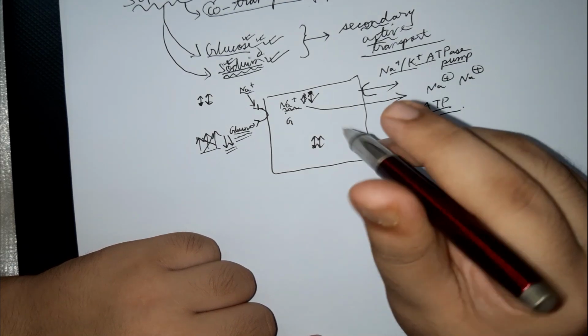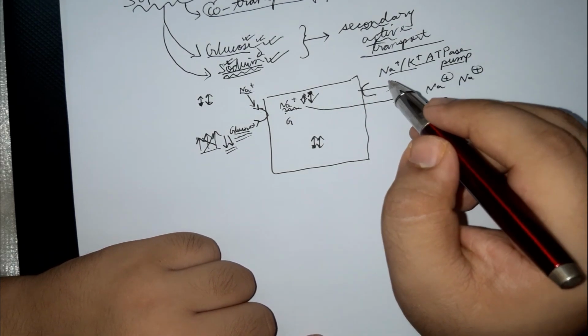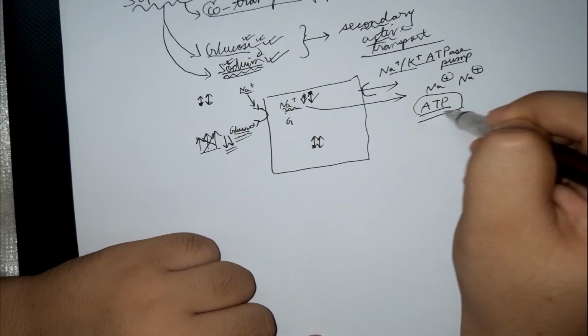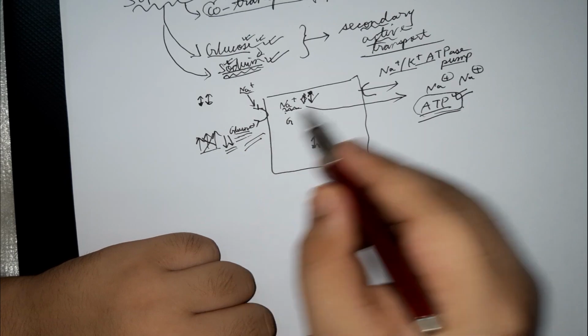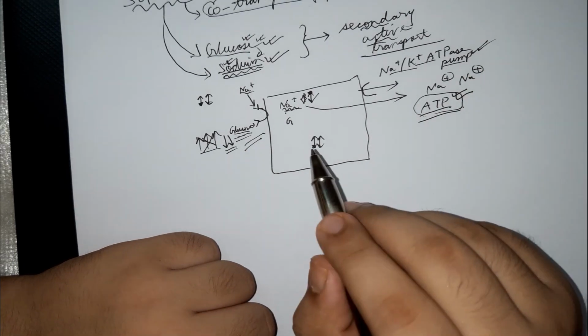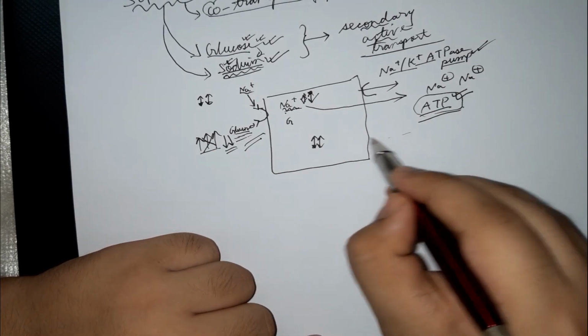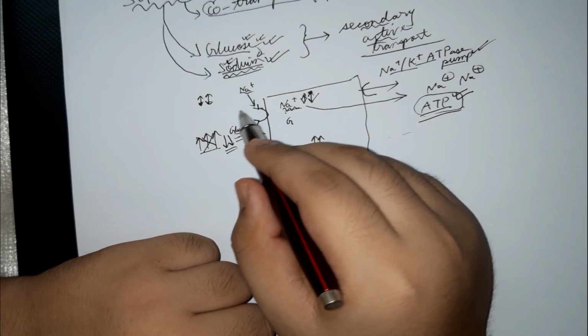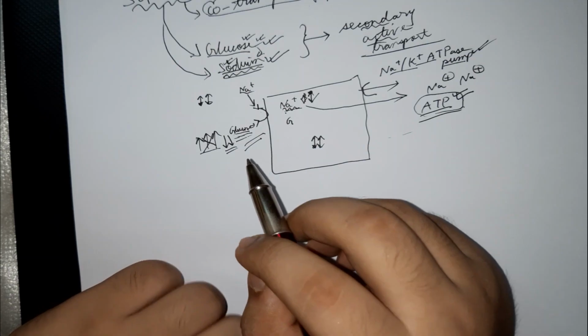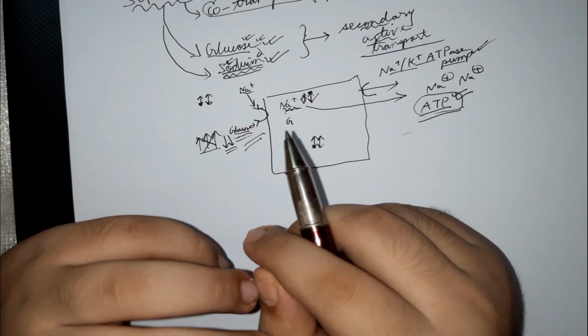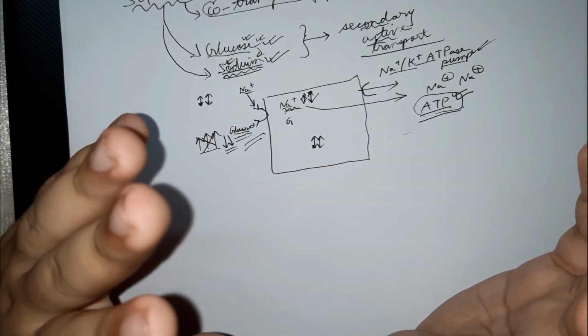Okay, so that is the reason how this ATP, which is not directly linked with this, it is directly linked with sodium potassium ATPase, but indirectly linked to the sodium glucose transporter. This is an example of secondary active transport.